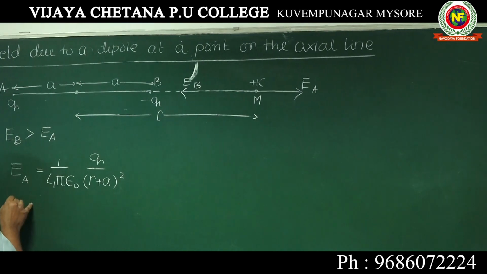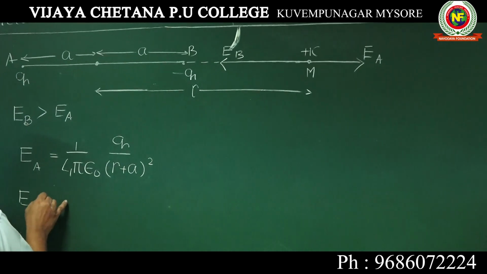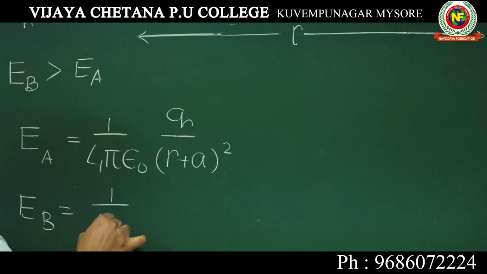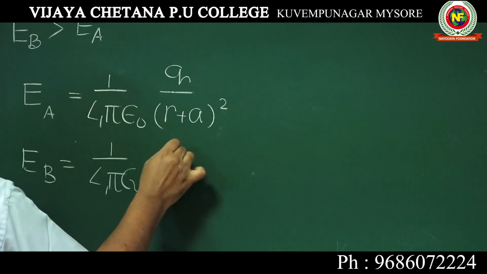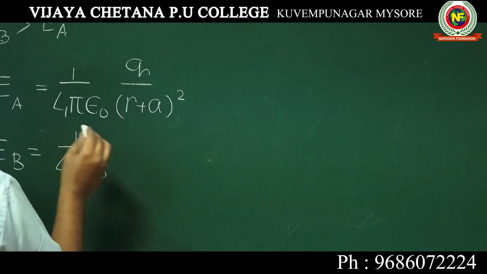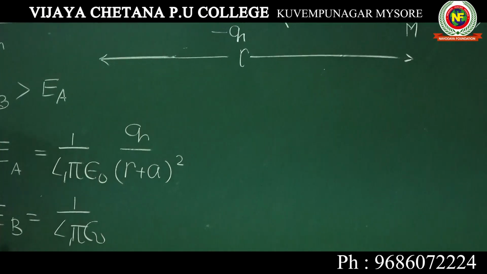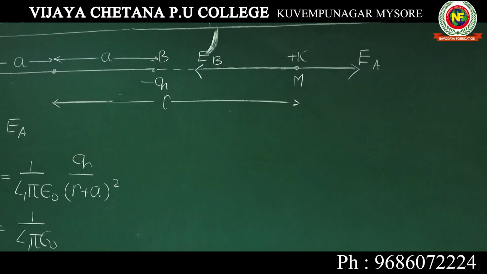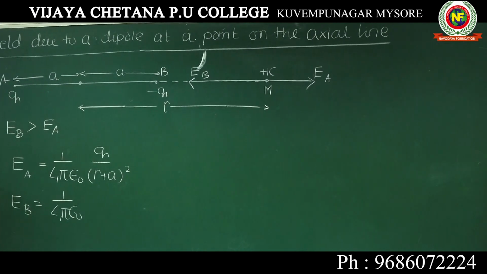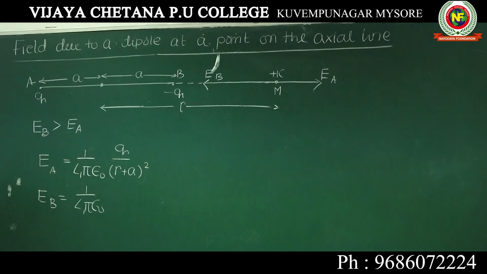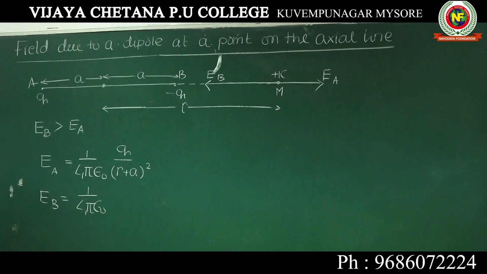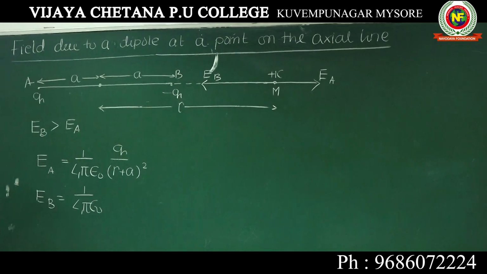Now, EB is 1 by 4 pi epsilon naught, charge minus Q. But now, about the minus sign, we'll fix this as a rule. In the calculation of intensity and force, the sign of the charge is just meant for judging the direction.